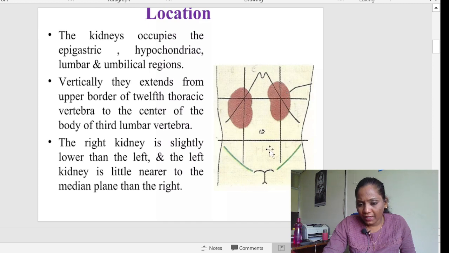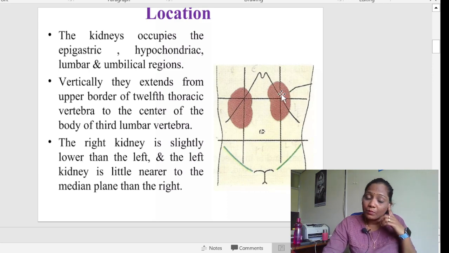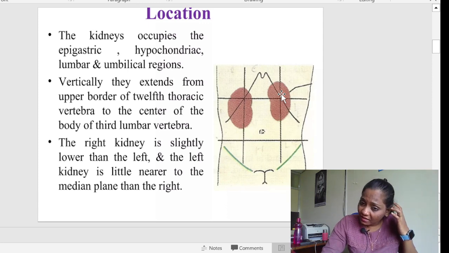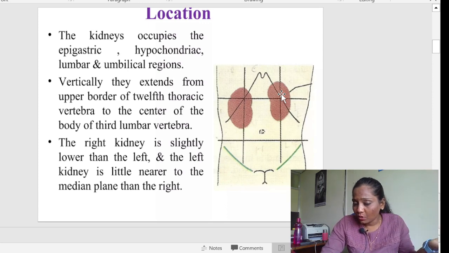If you see the quadrants of the abdomen, upper, middle and lower, see where the kidneys are located; the image itself is showing, it's very clear. When I spoke about the lungs, I said the left lung is slightly smaller than the right lung.